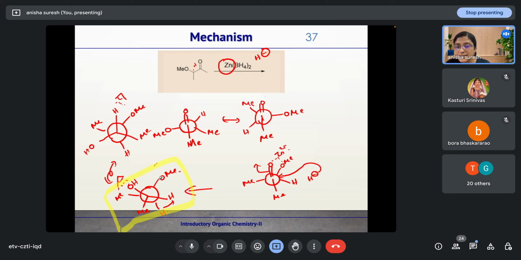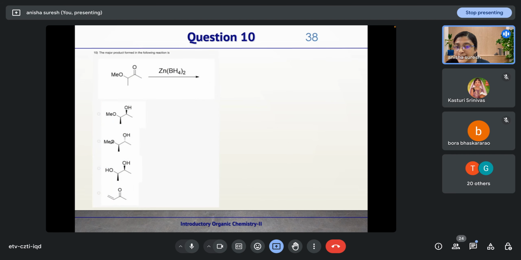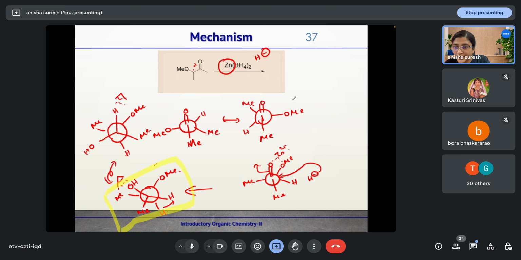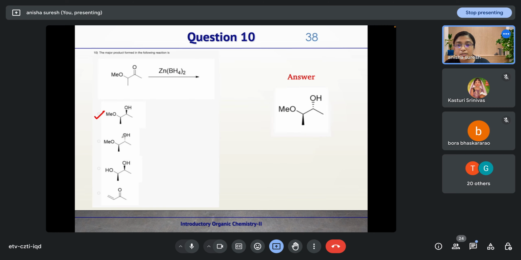This methyl and this OMe are present in the plane. So accordingly the correct answer will be option A. I have mistakenly written option B by rotating this and considering both methyls are in the plane. So option A will be the right answer.